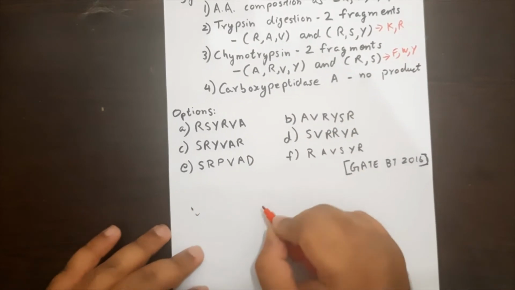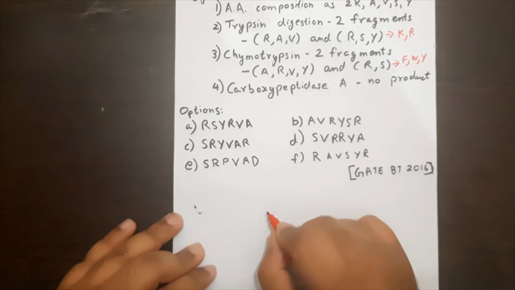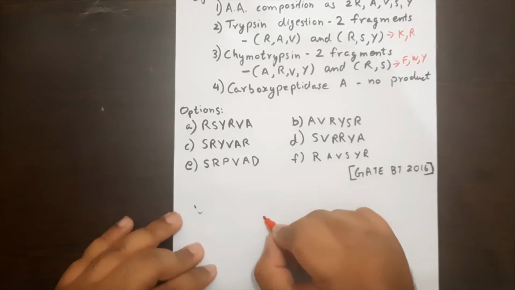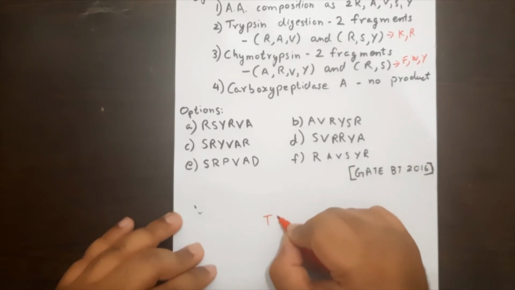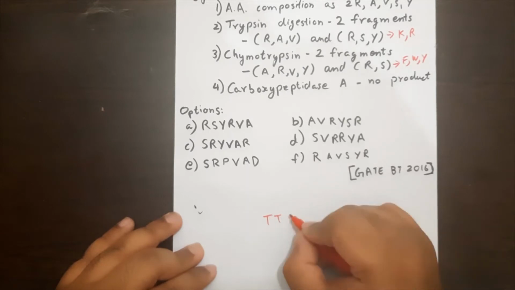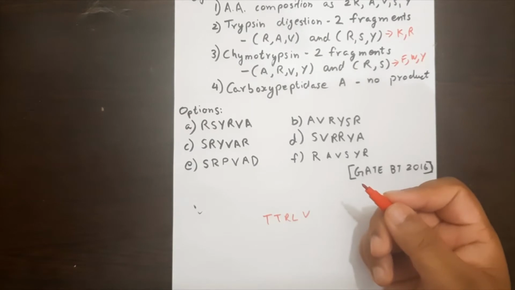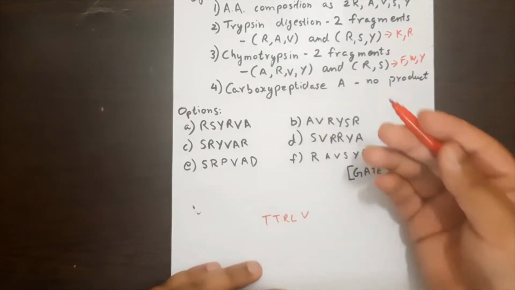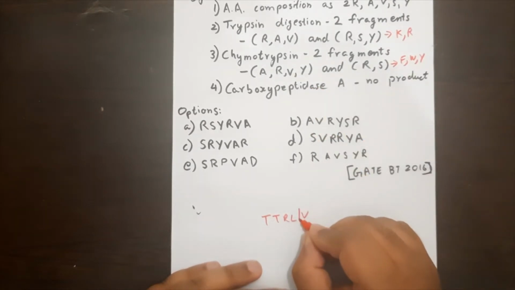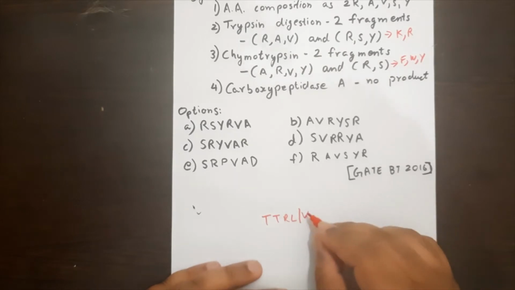Suppose I have a fragment like threonine, again threonine, arginine, lysine and valine. Carboxypeptidases are the enzymes that will cleave the carboxyl terminal amino acid.